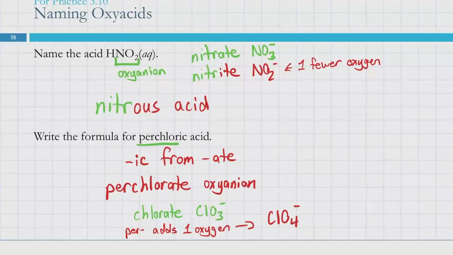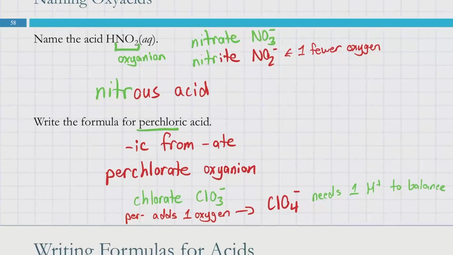If we've got a 1 negative charge, how many hydrogen ions, H+, do we need to balance out our 1 negative charge? 1. So we need 1 H plus to balance out. So our formula would be HClO4.